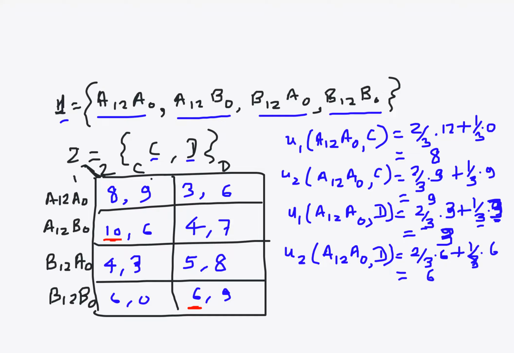Similarly, if player 1 chooses A12, A0, then the best response for player 2 is to choose C, because it results in 9 for player 2. Otherwise, you'll get 6.